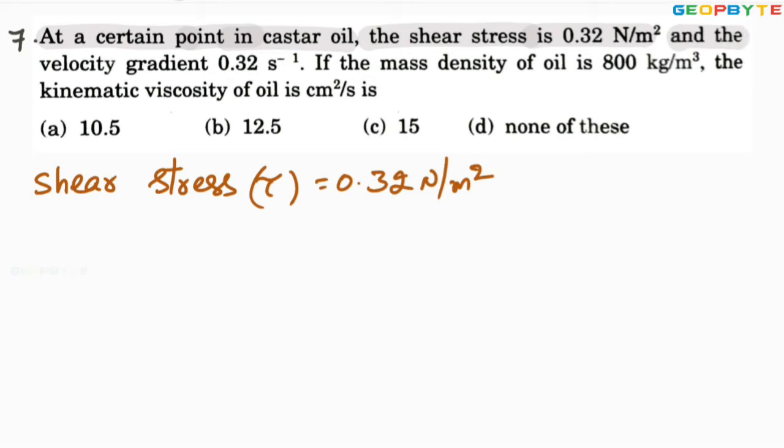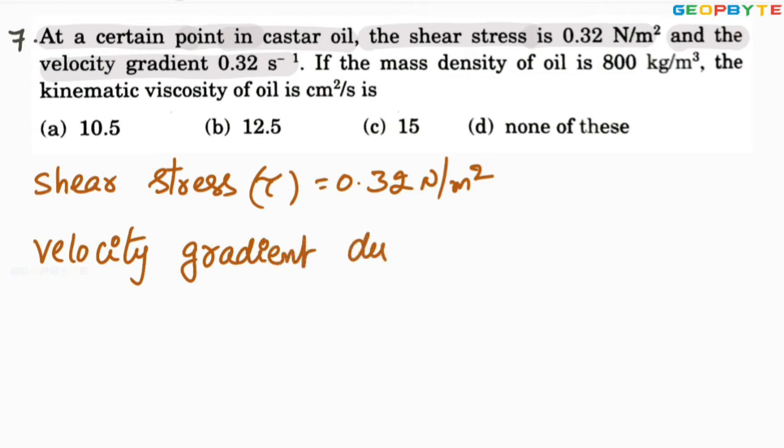And the velocity gradient, denoted by du by dy, is given as 0.32 per second or second inverse.